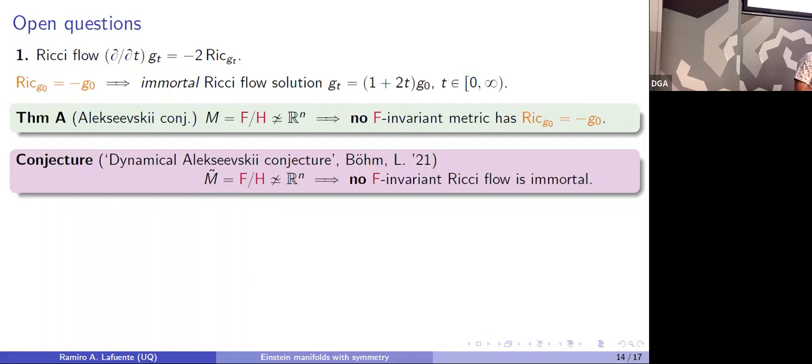Regarding results in this direction, you should check out the poster by Roberto de Santana, who proved that this is indeed the case for a class of metrics on semi-simple Lie groups.